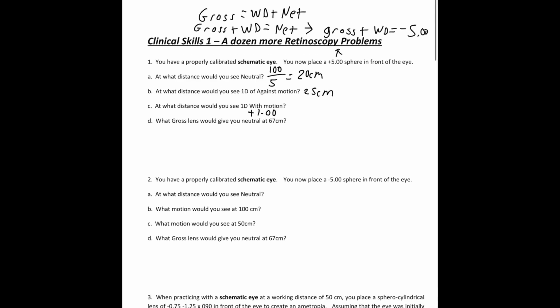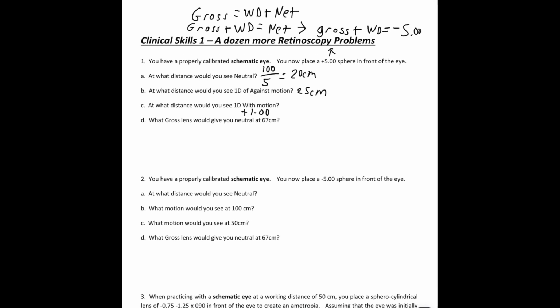Okay, and then at what distance would you see 1 diopter of with motion? So we know with motion means it's +1. So then we go back to my backwards version of the formula, which is gross plus working distance equals net. So our gross is +1, which we figured out from what the question says. We don't know our working distance, and our net is still -5.